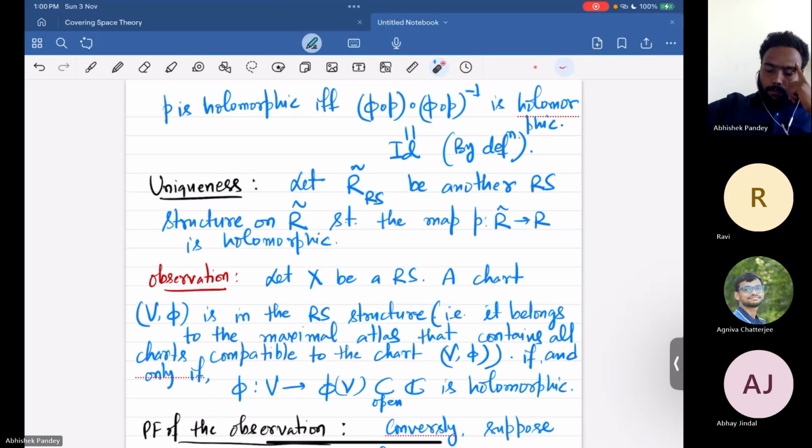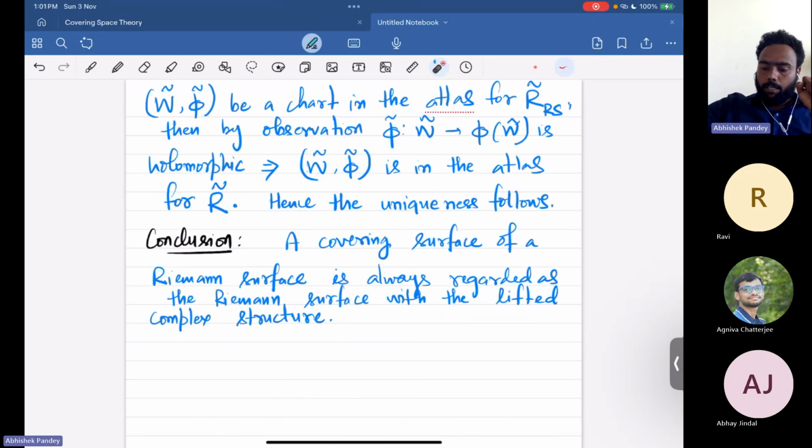We have already defined a Riemann surface structure on R tilde by lifting using the complex structure, via P. Now let us suppose there exists another Riemann surface structure, and let us denote it by R tilde RS. Take a chart in that one. By the observation, this will be holomorphic.